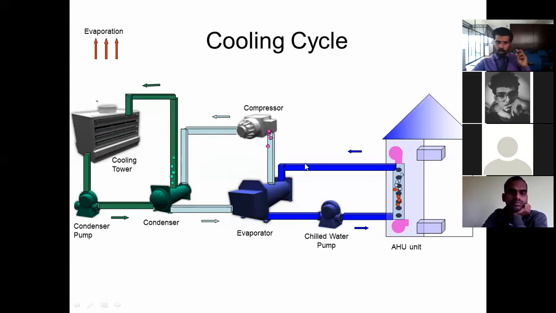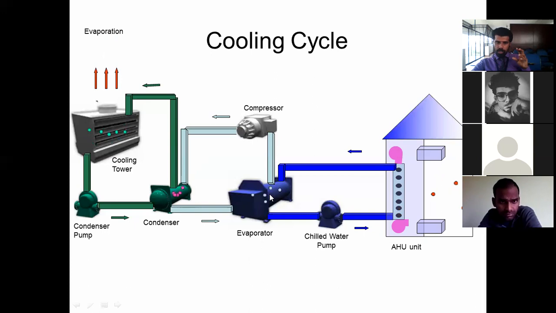The hotness of the warm water will be absorbed by this cold refrigerant. It will convert to vapor and go to the compressor, and again come to the condenser, and come back to the normal stage called refrigerant. Understood?